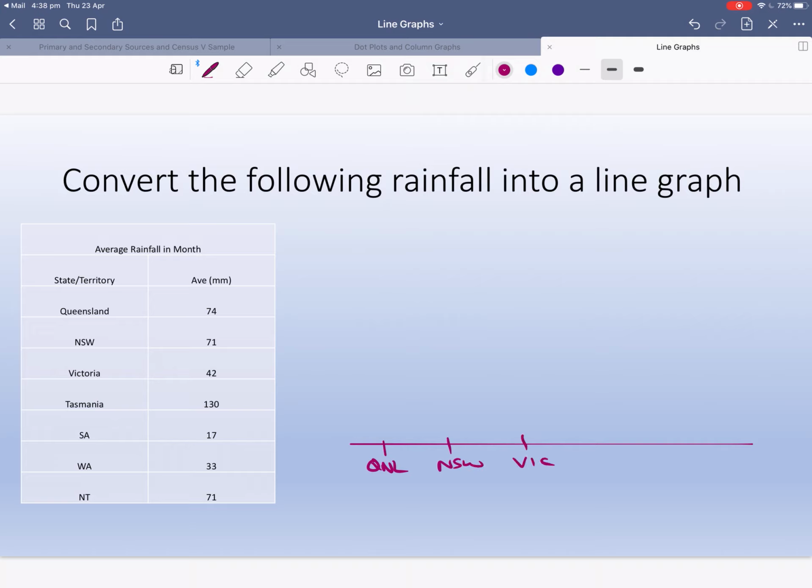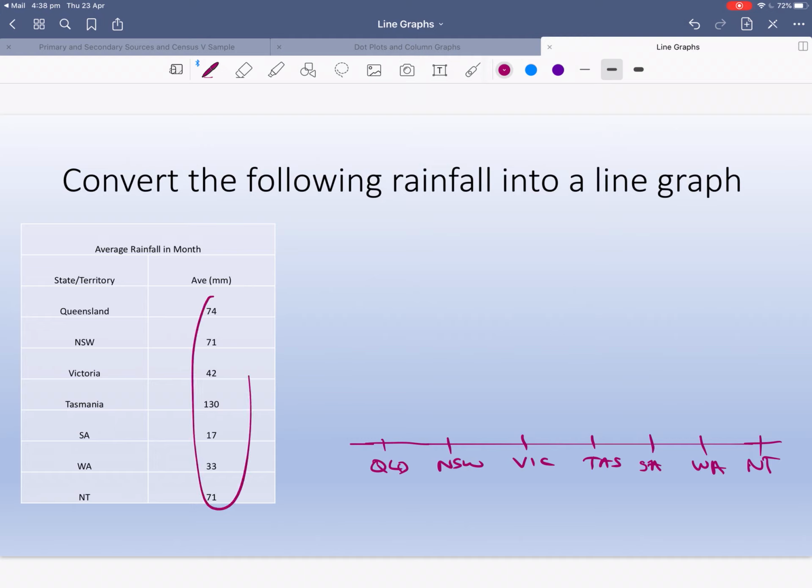I'm going to go Vic, Tas. And that's not how you do Queensland anyway. I think it's Queensland like that. Tas for Tasmania, South Australia, WA, and then finally the Northern Territory.